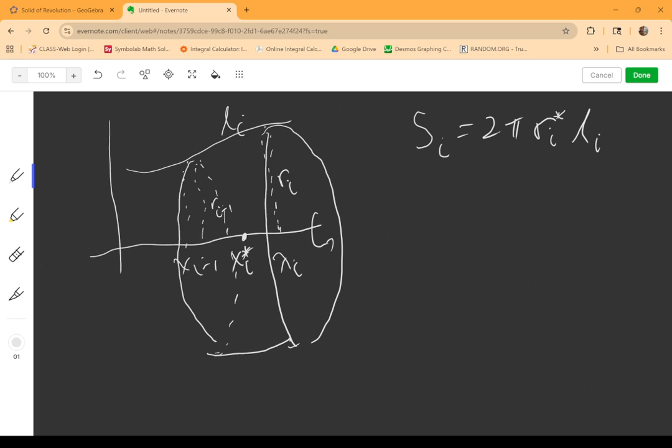All right, now plugging this into our formula here, we have 2 pi, right? It's just a constant. This R sub i is just the value of the function, right? And this L sub i is the arc length.